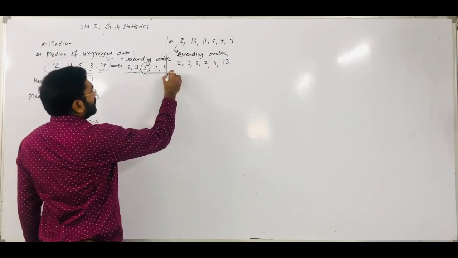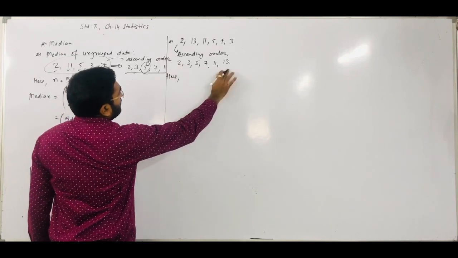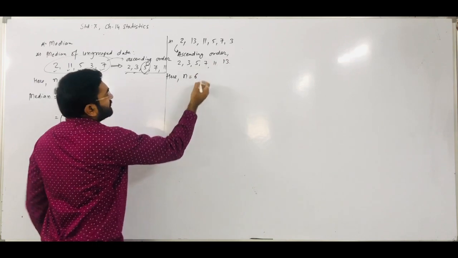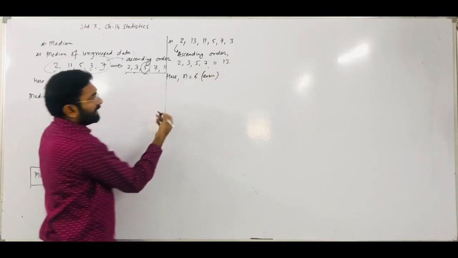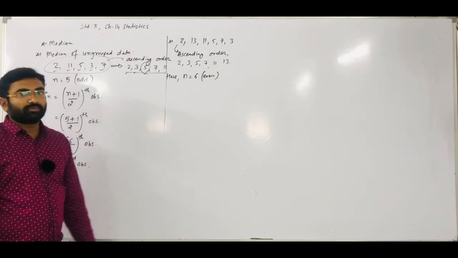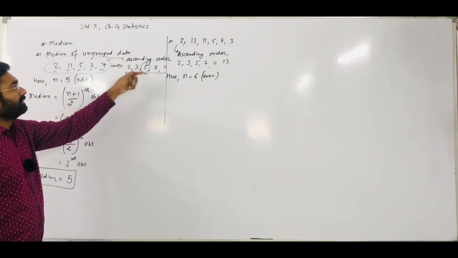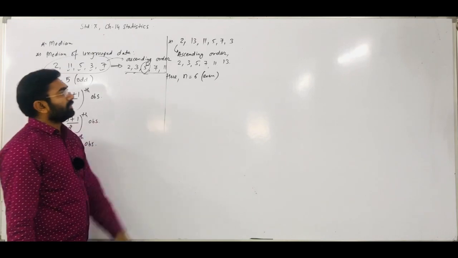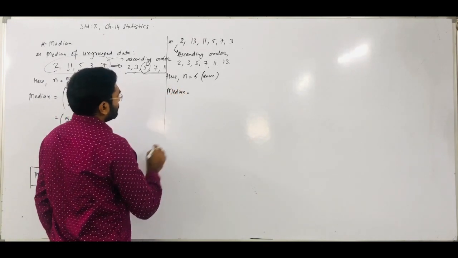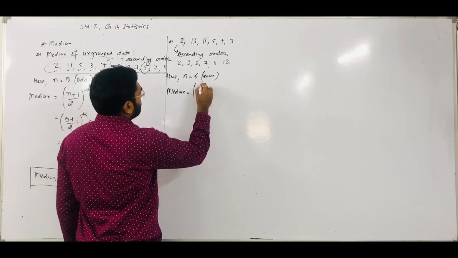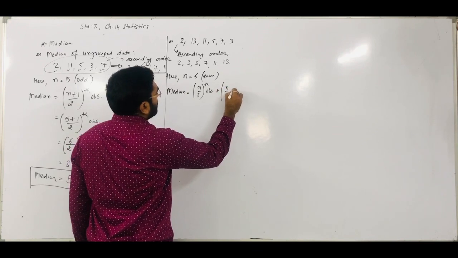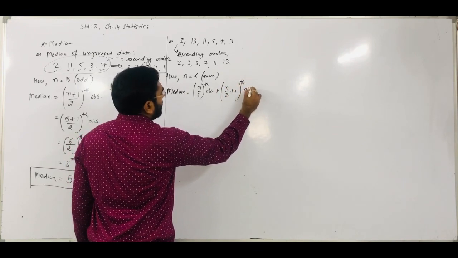Now, how many observations are given? Here n is 6. The number of observations is 6, which is an even number. So that's why we have to apply the median formula for an even number of observations. Its formula is: median is equal to the (n by 2) th observation plus the (n by 2 plus 1) th observation, divided by 2.